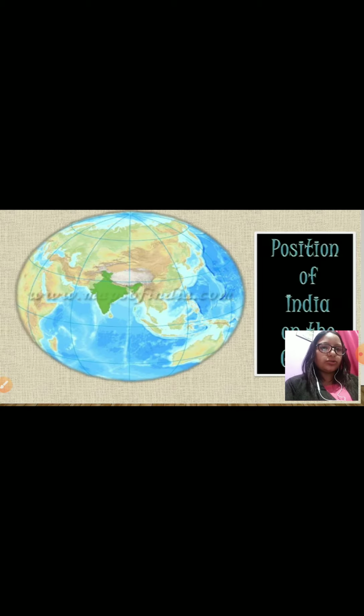If you see the map of India, it is surrounded by the ocean and seas on its three sides. This is the Indian Ocean, here we have the Arabian Sea, and here we have the Bay of Bengal.